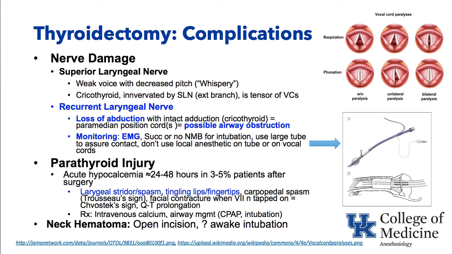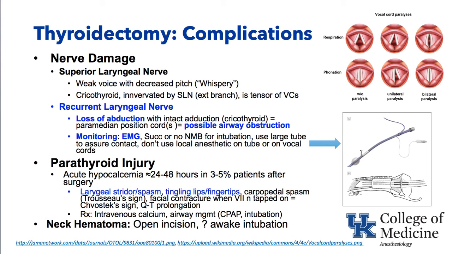The recurrent laryngeal nerve, if it is damaged, remember that nerve supplies all the muscles of the vocal cords, and you can have loss of abduction with intact adduction.